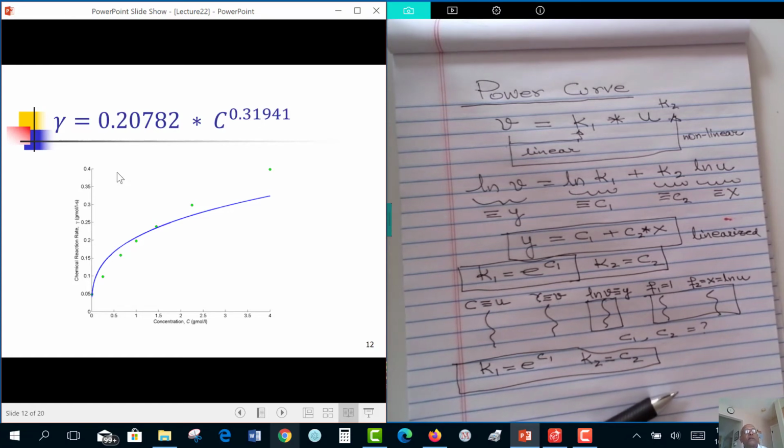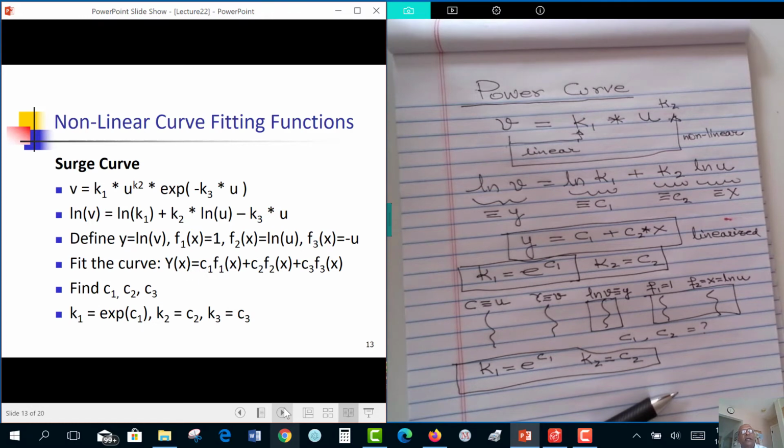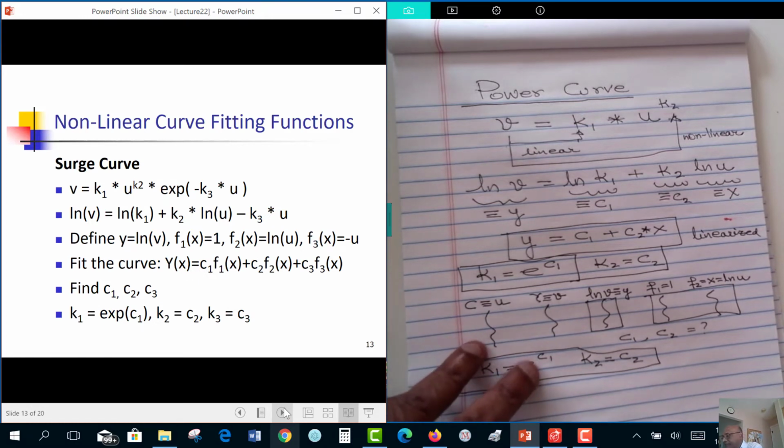So we plot the curve K1 times concentration to the power K2. So our green dots are our data points, blue is our fitted curve. So you can see it doesn't fit very, very well. Okay, let's see another example.